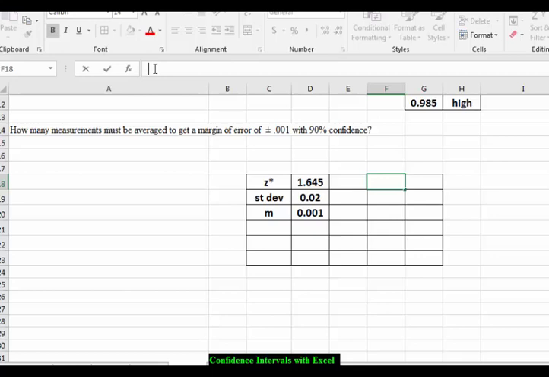I'm going to just put in equals. I want that cell, shift 8, that's the asterisk, times the standard deviation. Enter. And now I want that number divided by M. Going to go equal that number, backslash underneath the question mark, divided by that equals, and now I'm going to square that number.